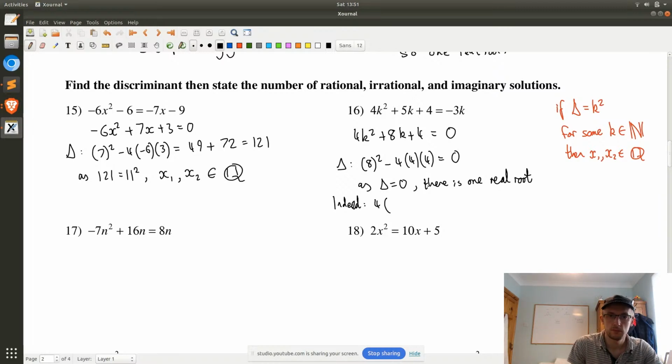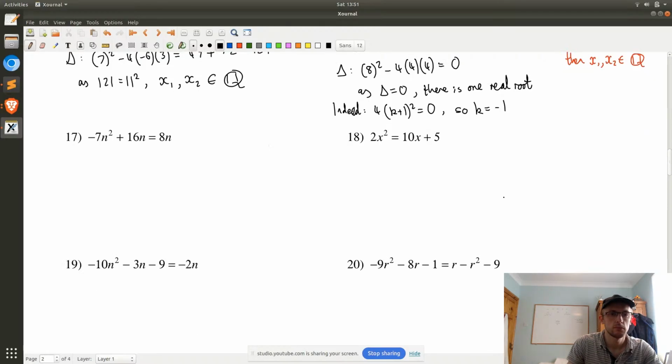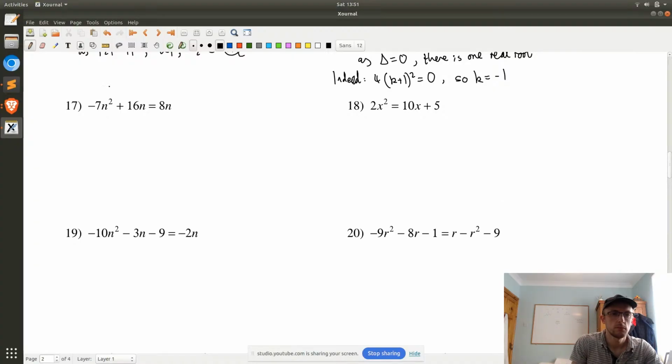K squared plus 2k plus 1, so k is negative 1. Negative 7n squared plus 8n equals 0.